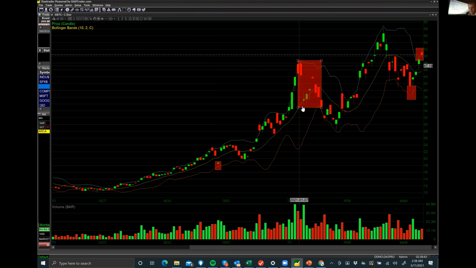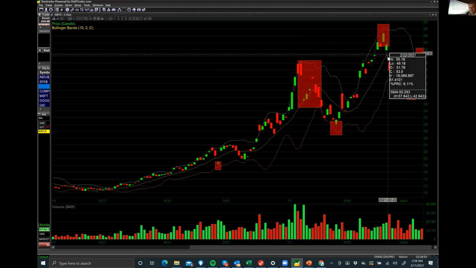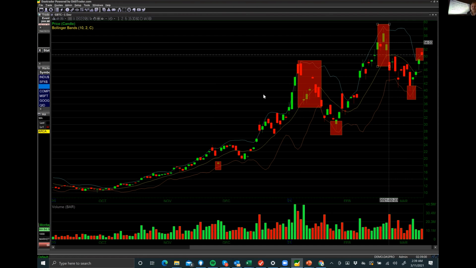But needless to say, a very, very big run up. Potentially a buy here with a potential sell here. I'm going to make this a very wide sell because I want to pierce the middle line here. But you guys get the gist.